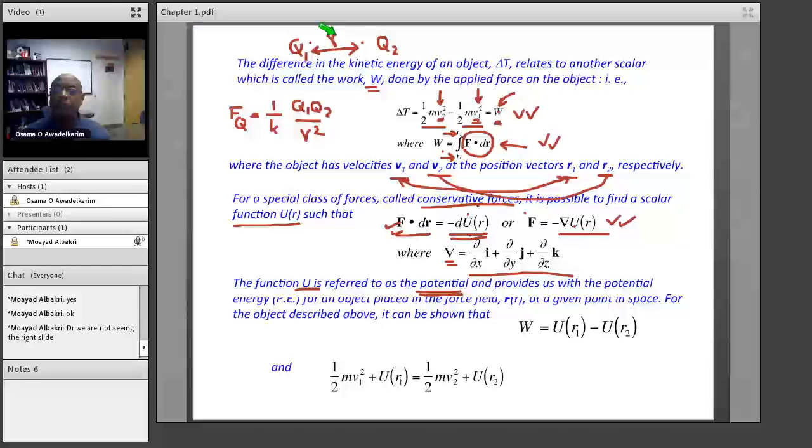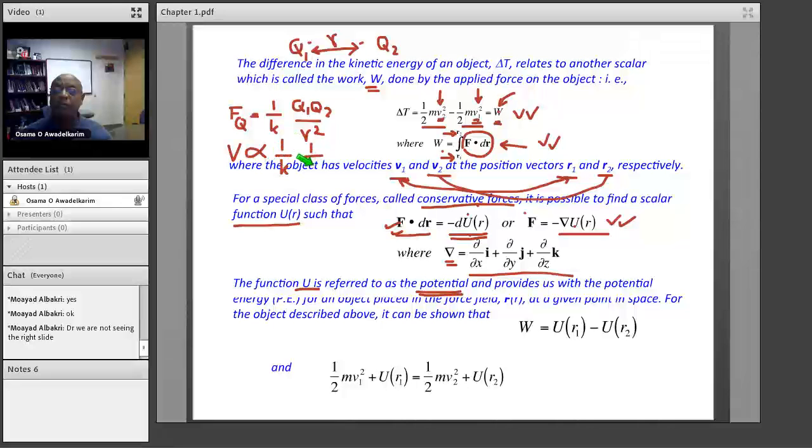Now, with this Coulombic force, there is a potential at any point, and the potential is proportional to 1 over k and 1 over r.